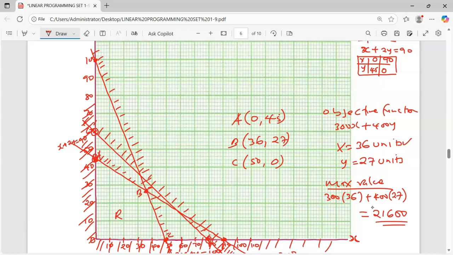Remember, the question was asking about the units of product 1 and that of the second product.